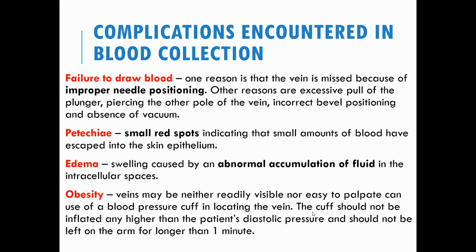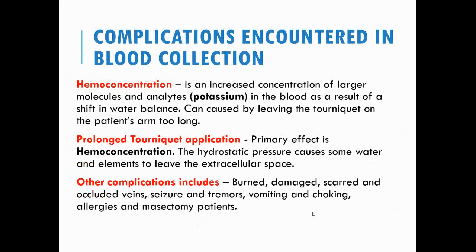That is why we will be using a BP cuff so that a greater pressure can be placed on the patient's arm. But usually that is no longer done. The tourniquet is still used.